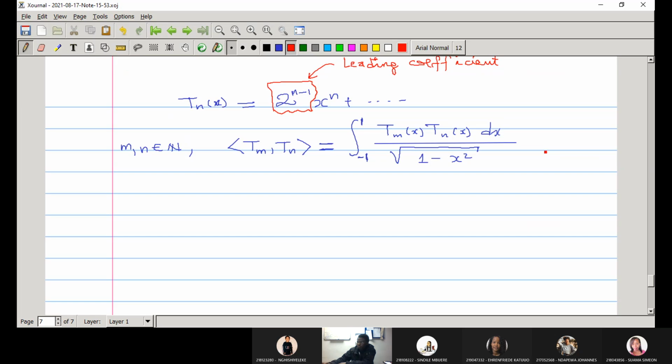Okay, so this is our unit circle. So we assume that this is 1 and this is -1.